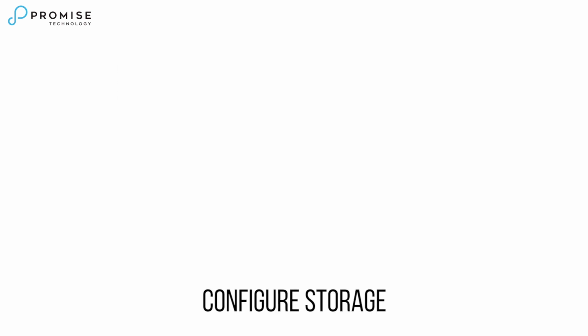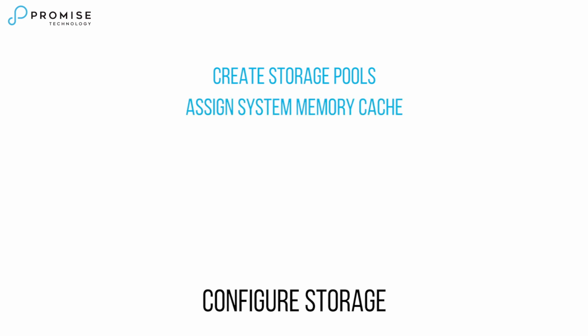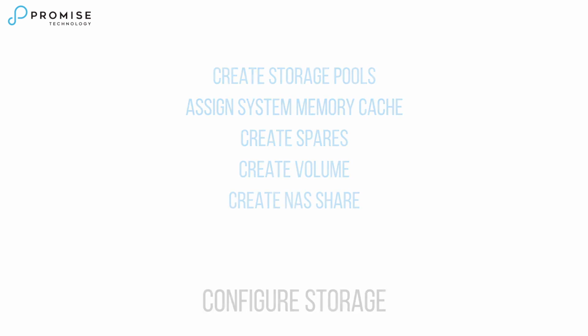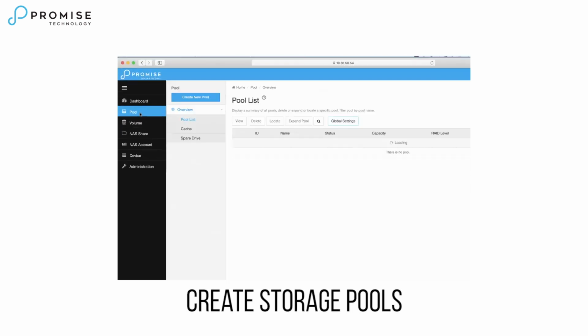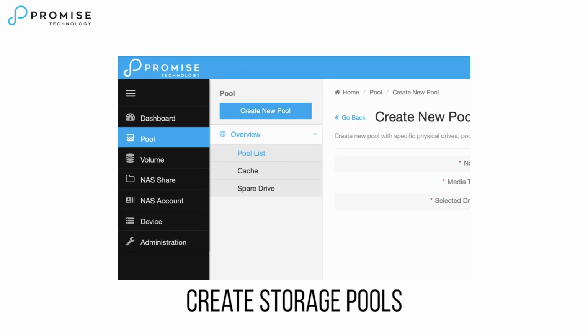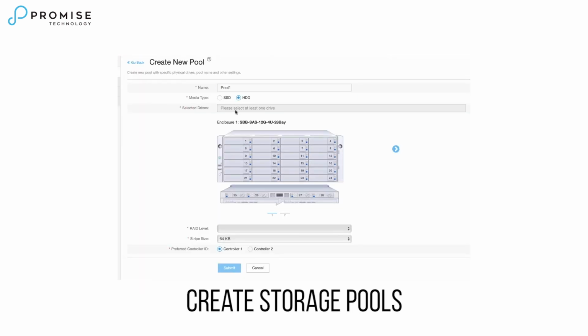The next step will involve configuring the storage. We will create storage pools, assign optional SSD system memory cache, create spares, create volume, create NAS share. From the dashboard, let's click on Pool, then Create New Pool. Give it a name. Select the drive type.